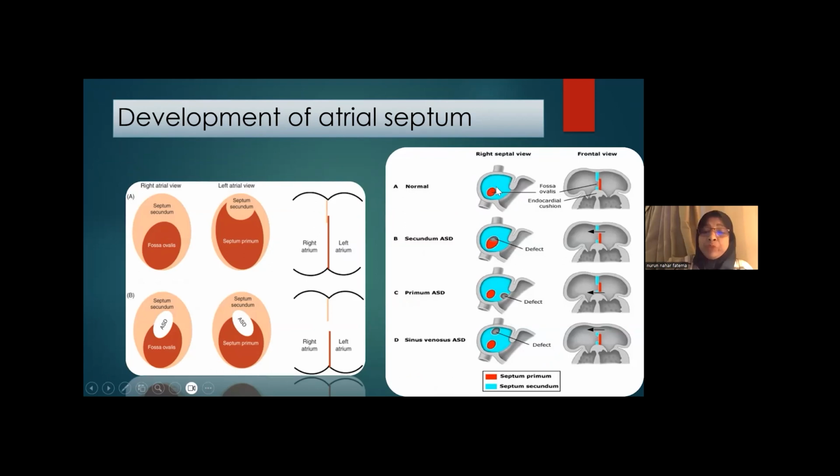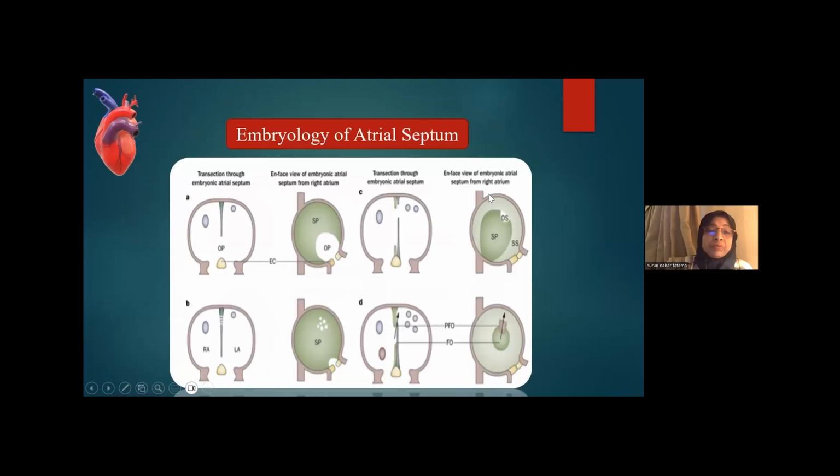The blue part is the septum primum, and the red part behind is the septum secundum. This is the embryology of the atrial septum. As I have mentioned, the septum primum drops from the atrial roof first, followed by the growth of the septum secundum.